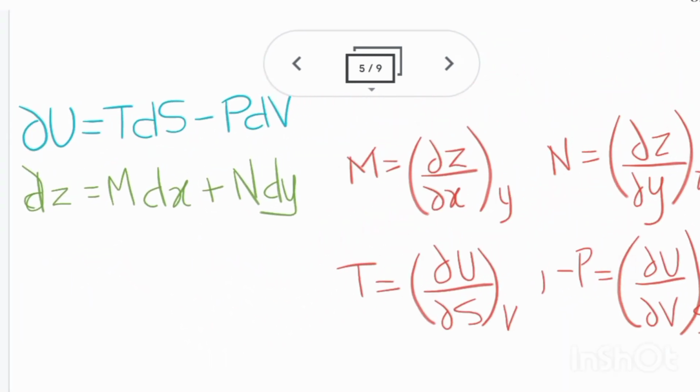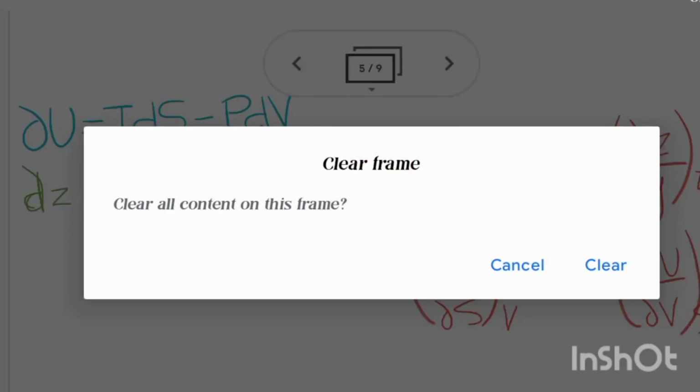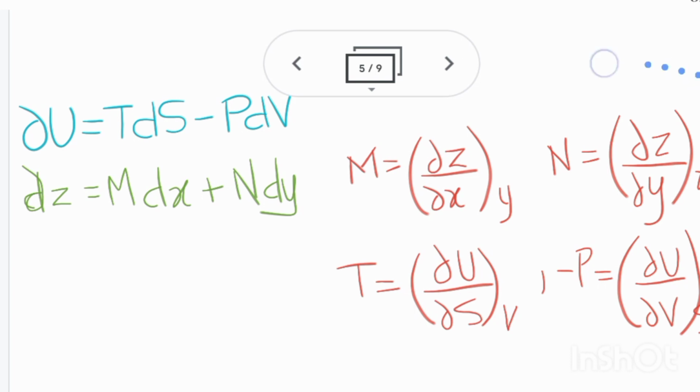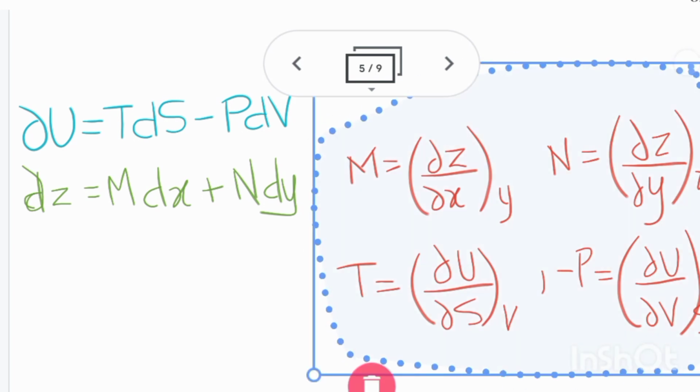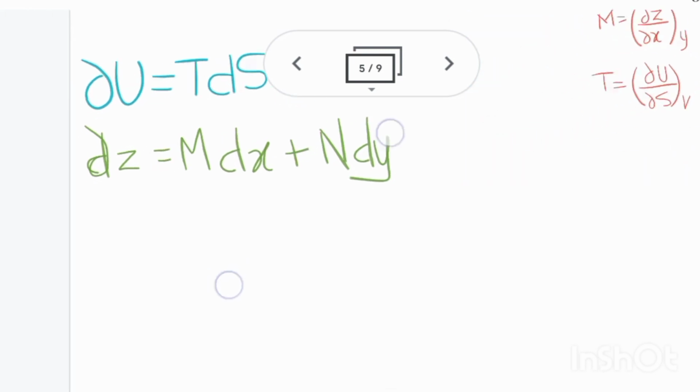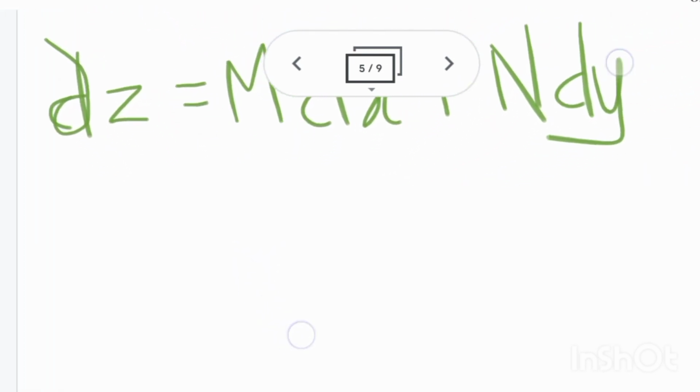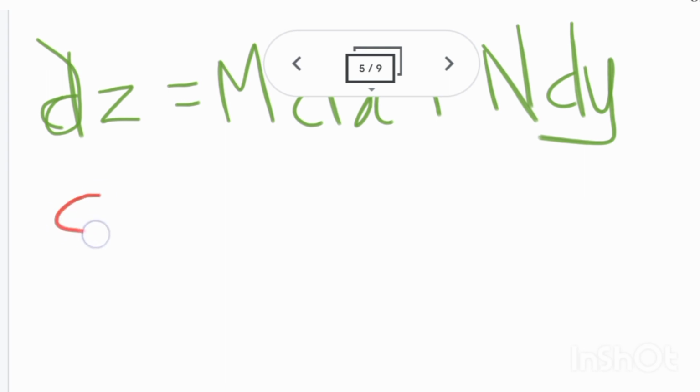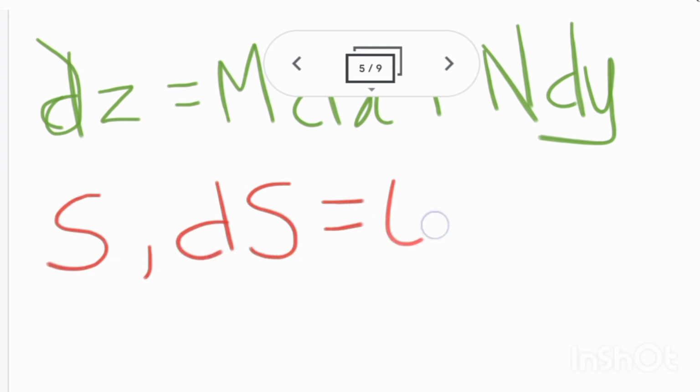Now one may notice that the same can be obtained when you keep one of the variables constant. So what happens when one of the variables is constant? Let me take S as constant, right? So my S will be constant, then change in S will equal 0.